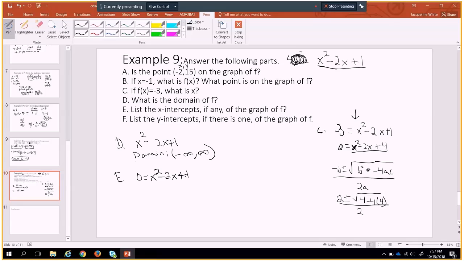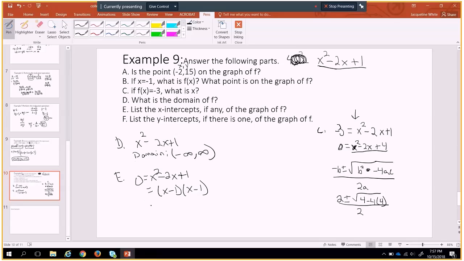After that, all we have to do is solve for our x's to find our x-intercepts. Factoring this out is not too bad of a factorization problem, right? We have x squared minus 2x plus 1, and that's just going to be x minus 1 times x minus 1.